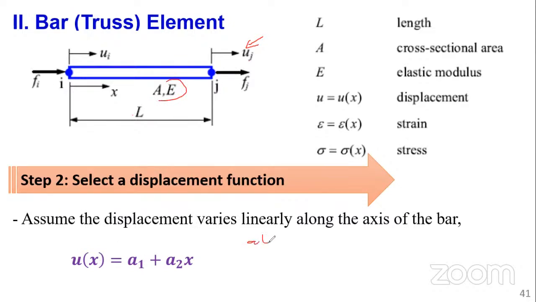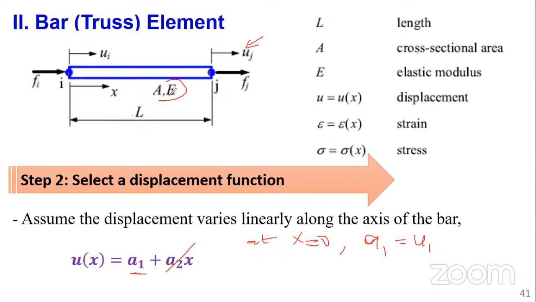At x equals 0, at the start point here, node 0, you can substitute and you can see the x term goes, and we are left with a1 equal to u1, because at x equals 0, u(x) equals u1. The next thing you can obtain is when x equals L at this end.